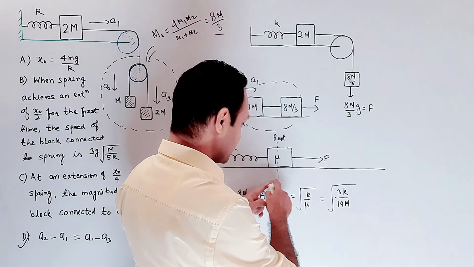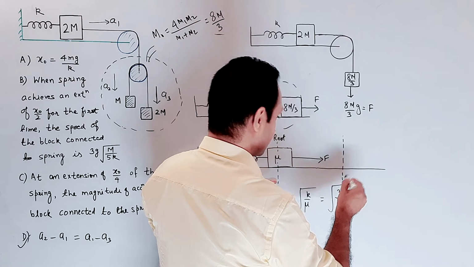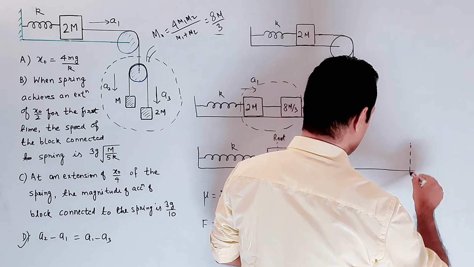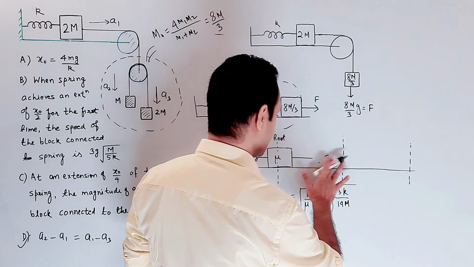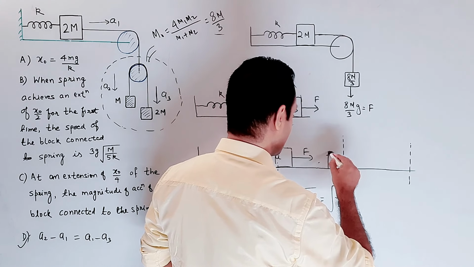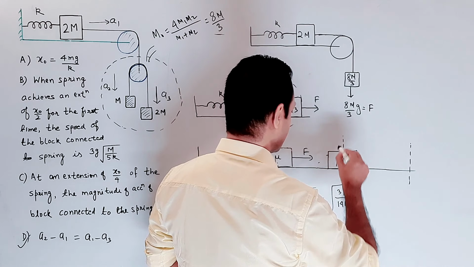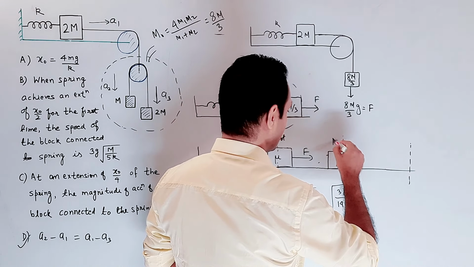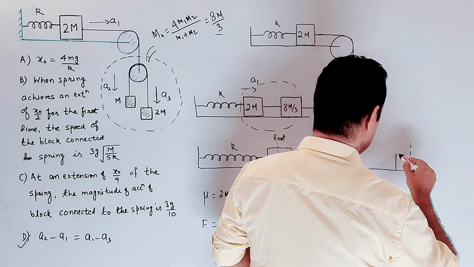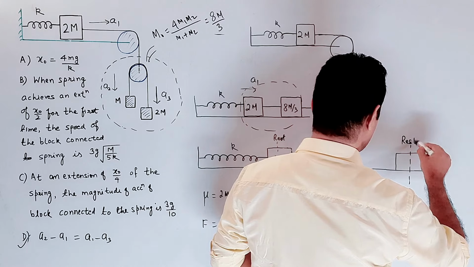So this is the extreme position, and suppose this is the mean position or equilibrium position, and that is the other side extreme position. So it will come to rest again.